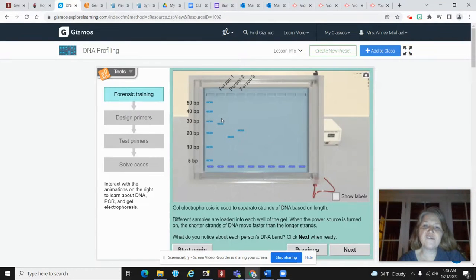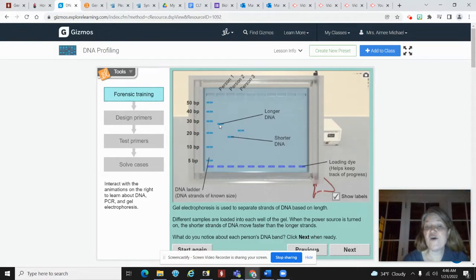And so you have person one showing this band, person two and person three. They've all traveled a different distance because person one had the longest DNA strand, so it didn't travel as far as the shortest DNA. And that's really going to show you those differences on the gel pan.